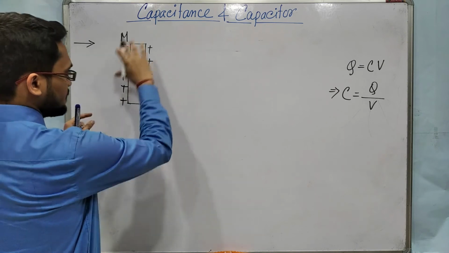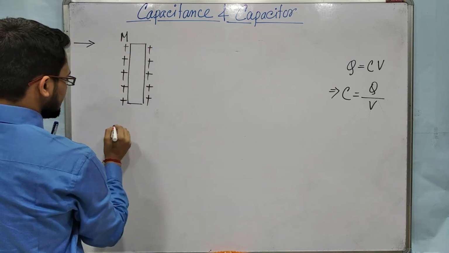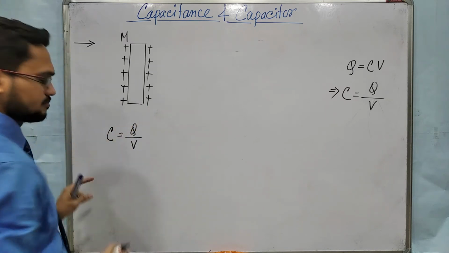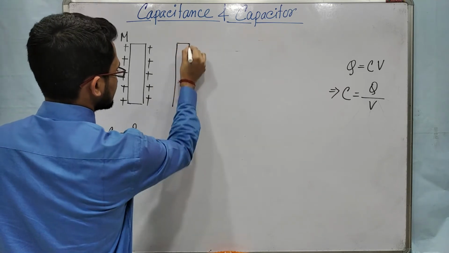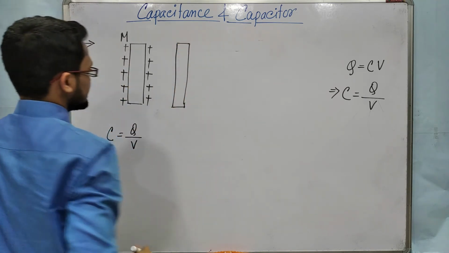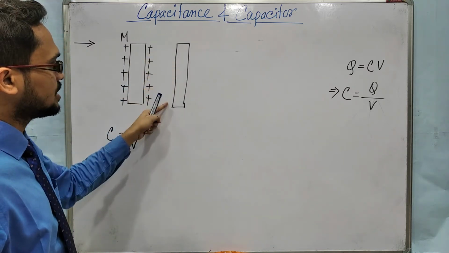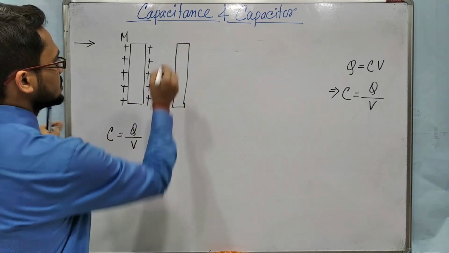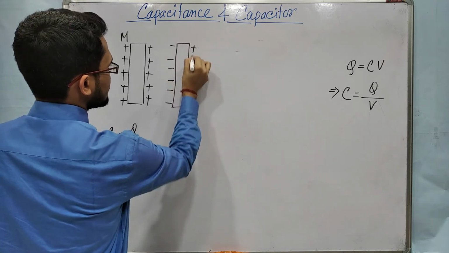Now a potential will be generated due to these charges on this conductor, so C equal to Q by V. Now I am bringing another similar conductor. Then what will happen? Due to this plus charge, negative charges will be induced on this side, and positive charges will be induced on this side. So negative here, and positive charges here.